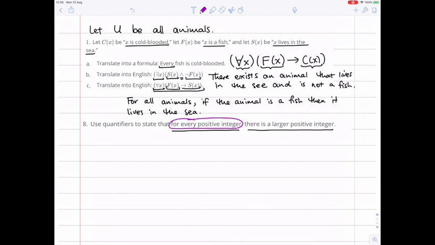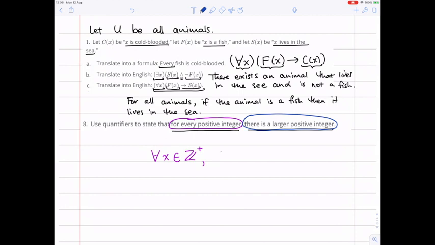So we want to have for every x in the positive integers. And now we want to think about the next bit. We want to say that there exists a larger positive integer.